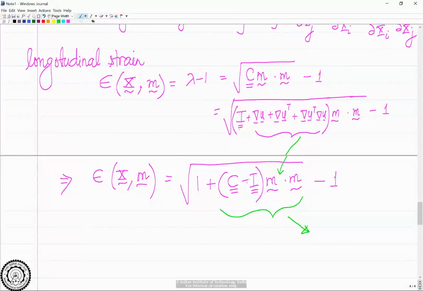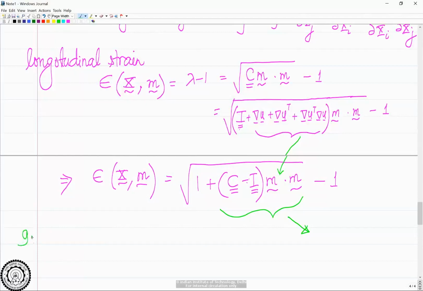And in your undergraduate strength of materials course, it was always assumed that the displacement gradient is very, very small. Basically, the displacement is happening such that each of the derivatives of displacement with respect to x is small.